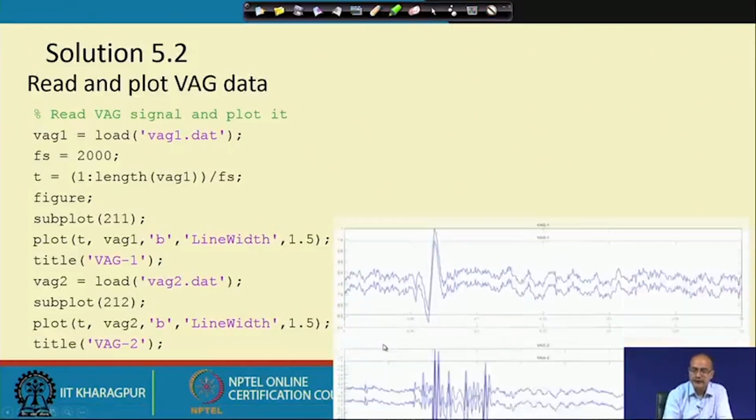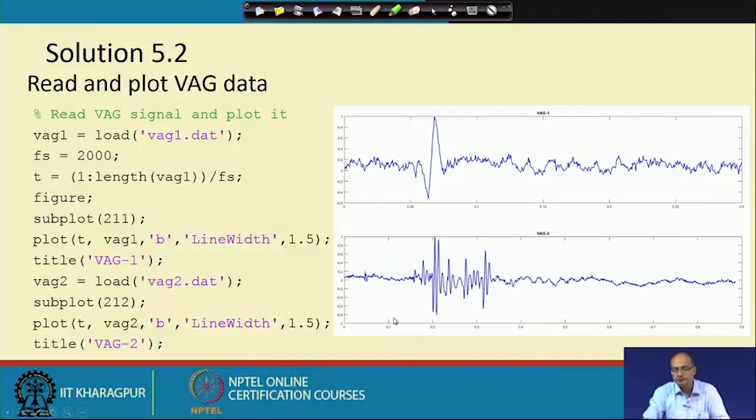So, here we see the plot on the right hand side. Now, what we notice, the two signals are of the same duration. No, not exactly, they are not of the same duration, the duration is different, and also they look actually much different.